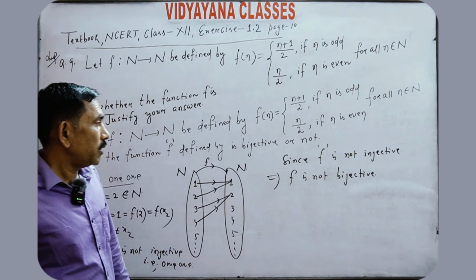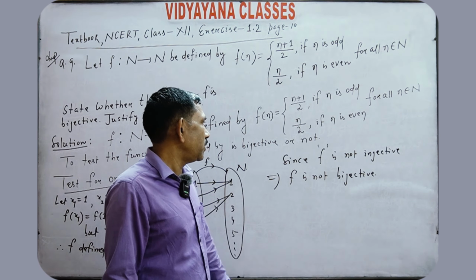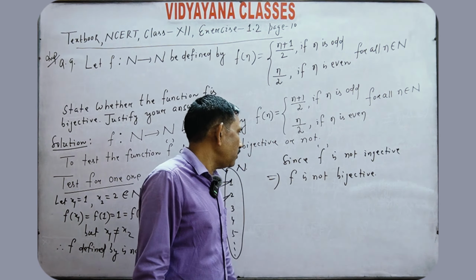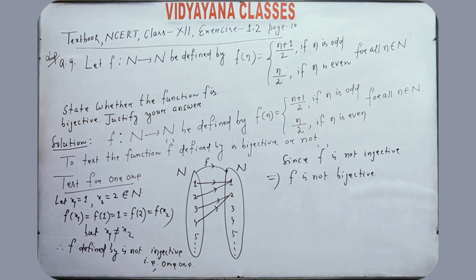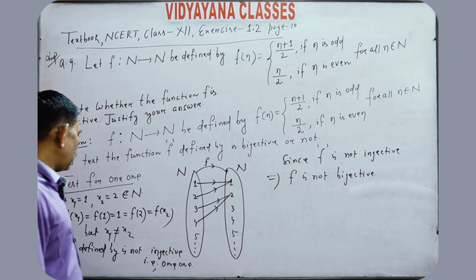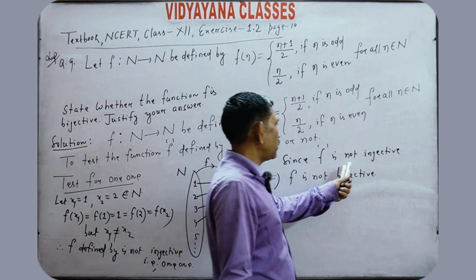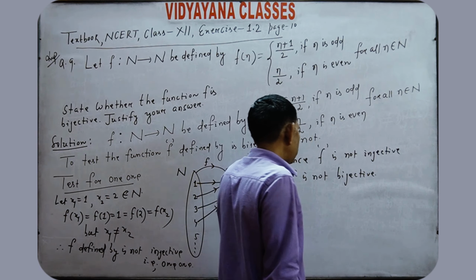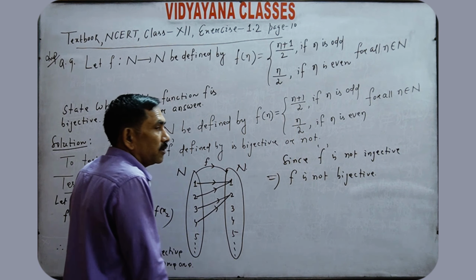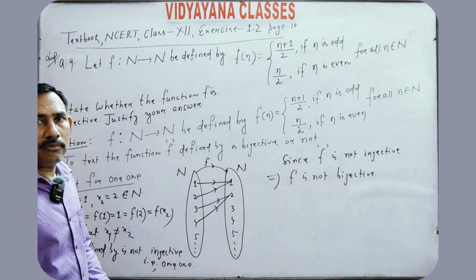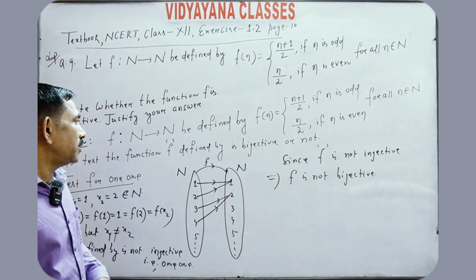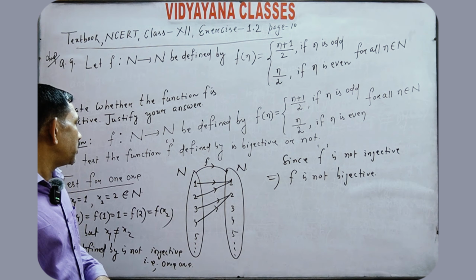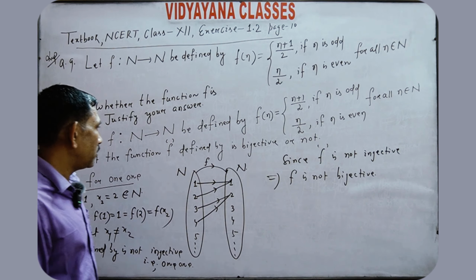A function f is said to be bijective if it is injective and surjective, injective or one-one. Since f is not injective, f is not bijective. The function is said to be bijective if it is injective, that means one-one, and onto.